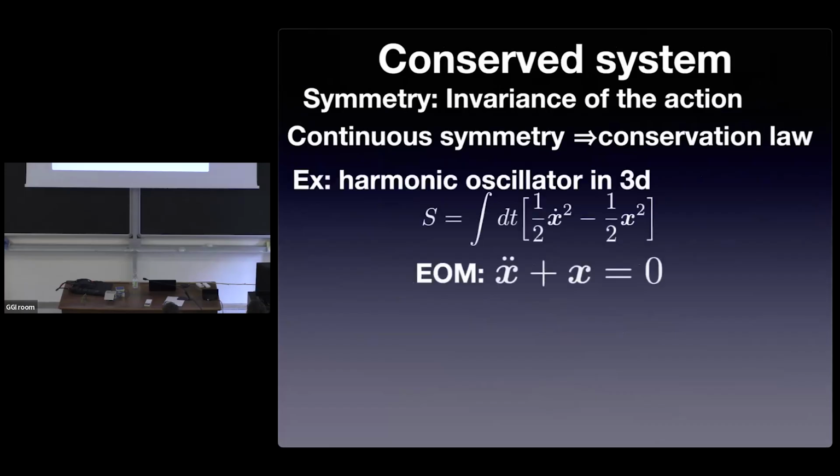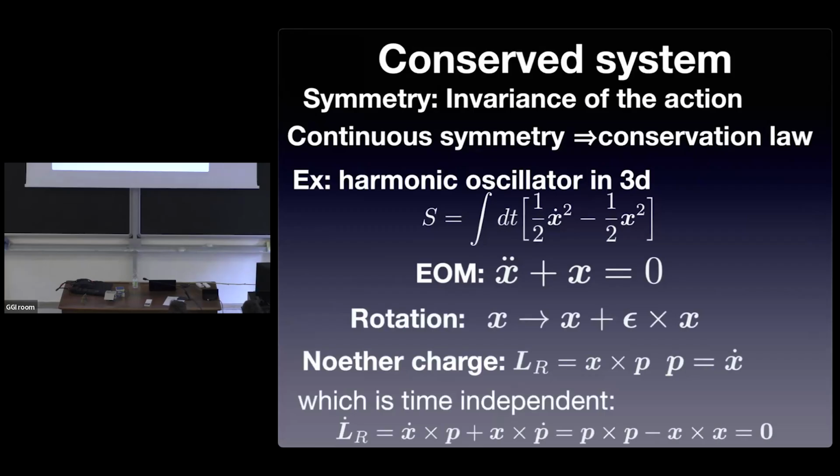To explain symmetry in an open system, let me start with the ordinary symmetry. As a simple example, take the harmonic oscillator in 3 dimensions. This is just an ordinary harmonic oscillator, and the equation of motion is just like this. This Lagrangian is invariant under rotation.